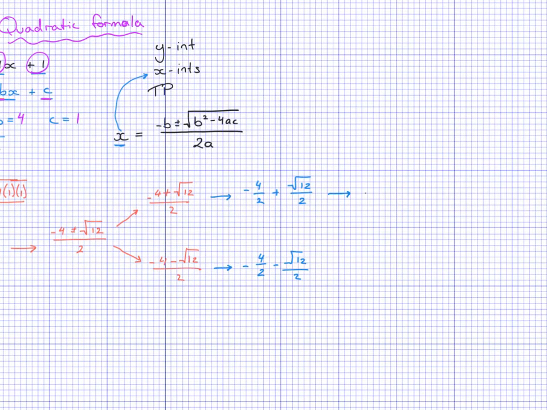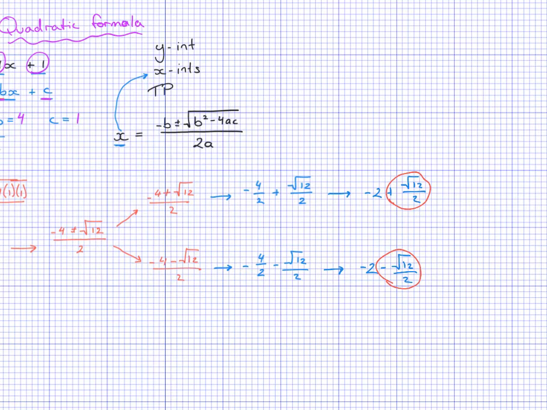So this could become minus 2 plus root 12 over 2 and minus 2 minus root 12 over 2. This allows you to identify where the x-intercepts are a little bit closer. You know that it's centered around minus 2 because that's the constant in both x-intercepts here. So minus 2, and then you go a little bit to the right with plus root 12 over 2 and a little bit to the left with minus root 12 over 2.